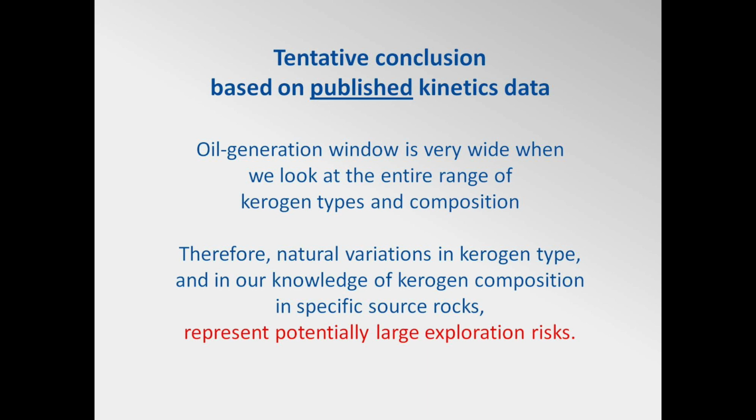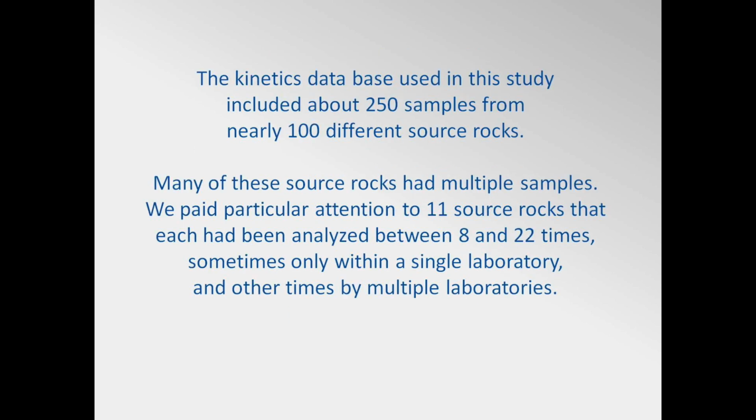And therefore, natural variations in kerogen type and in our knowledge of kerogen composition in specific source rocks represent potentially large exploration risks. As I said earlier, the kinetics database used in this study included about 250 samples, and those were from about 100 different source rocks.